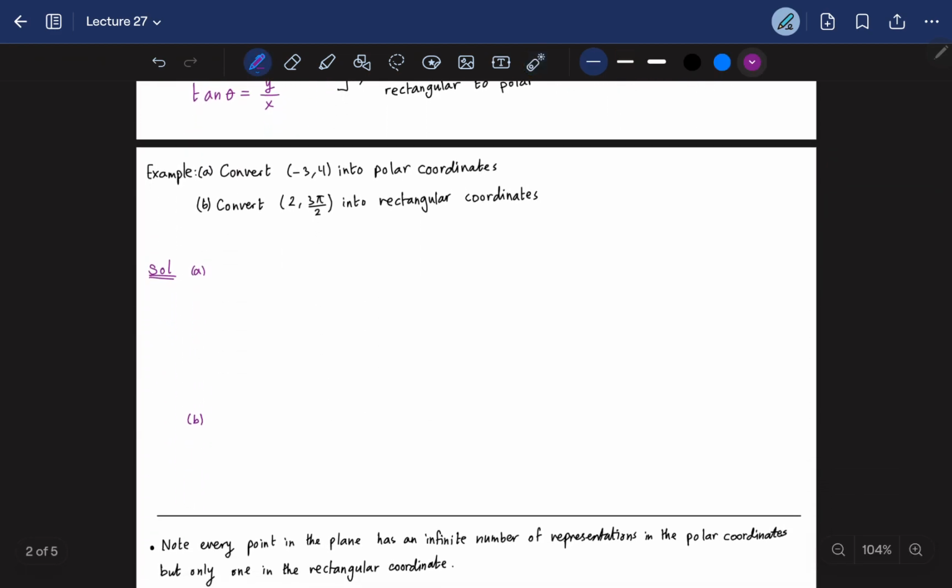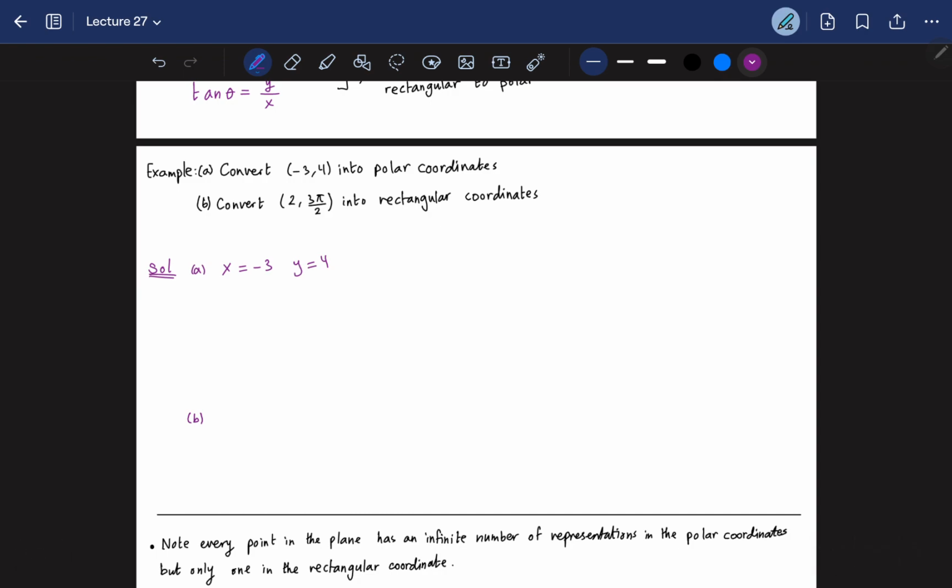So if I have a point in the Cartesian plane where x is equal to -3, y is equal to 4, I can easily find the polar coordinate for it, because r squared is x squared plus y squared, so you just plug that in.